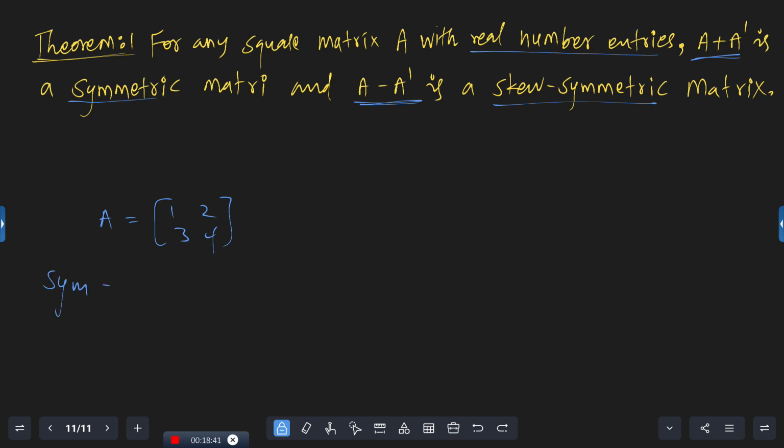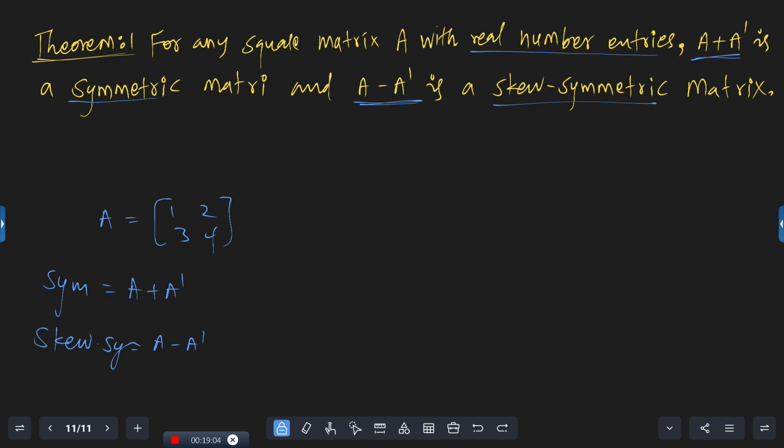What you have to do: find A dash and add it with A. You will get the symmetric matrix. Suppose they ask for skew symmetric, find A dash and subtract it from A. Then you will get the skew symmetric matrix.